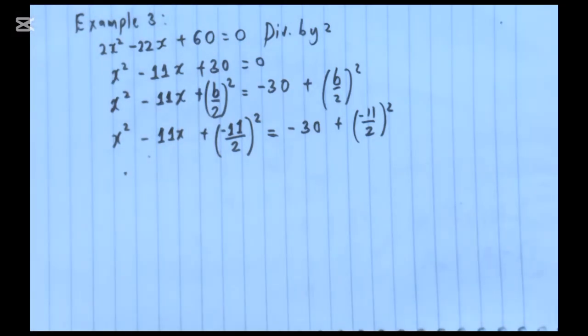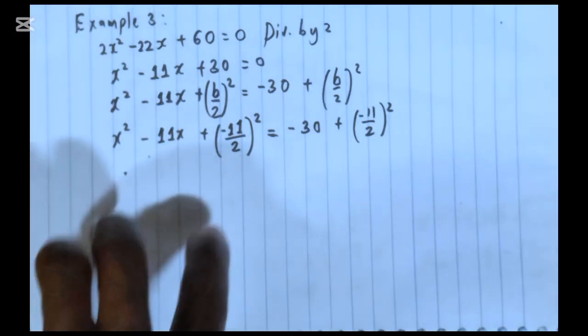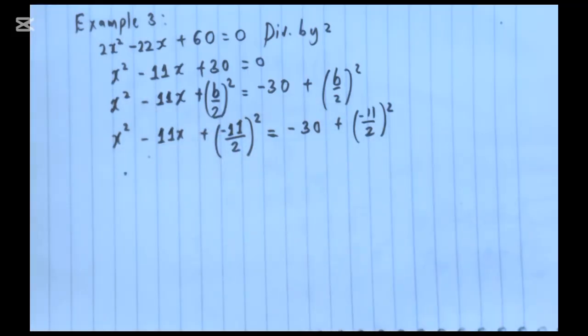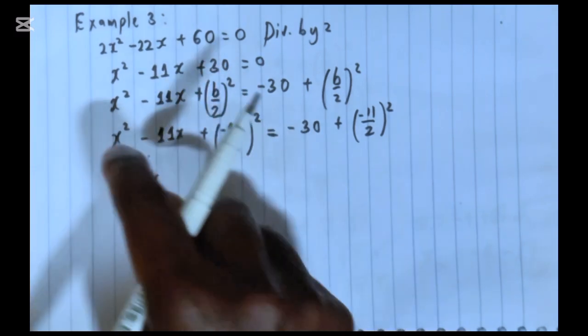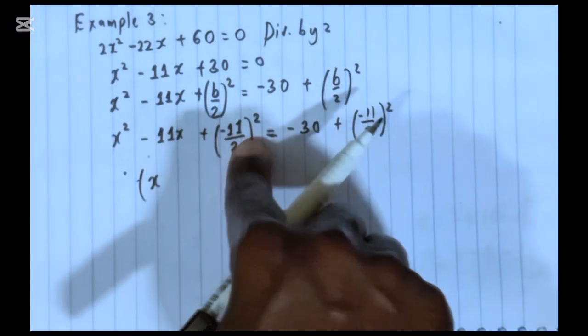What we do next is write the left hand side in its factorized form. When we factorize the left hand side, I told you earlier that we check the value of x and whatever we have in the bracket.